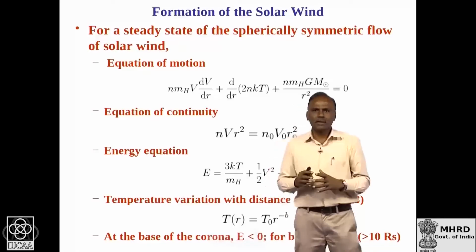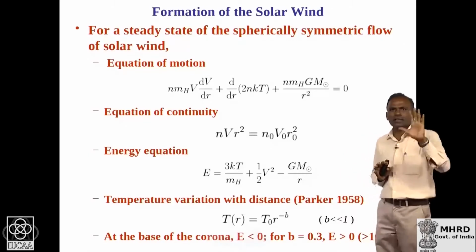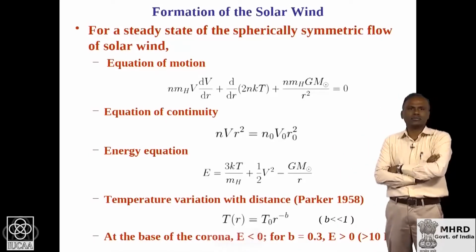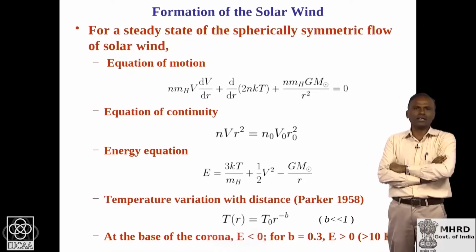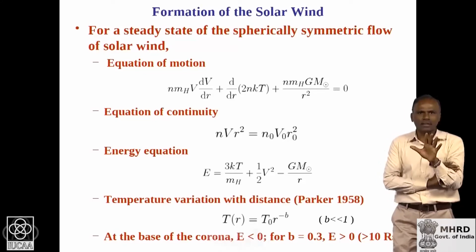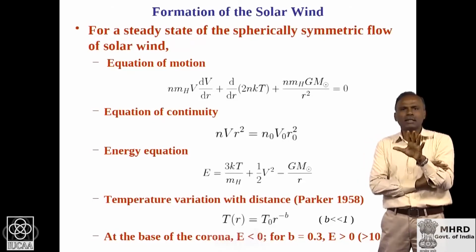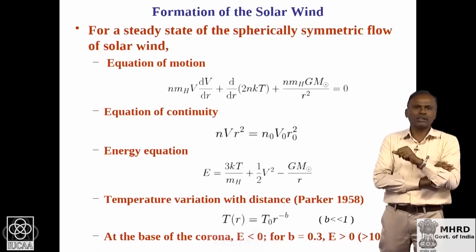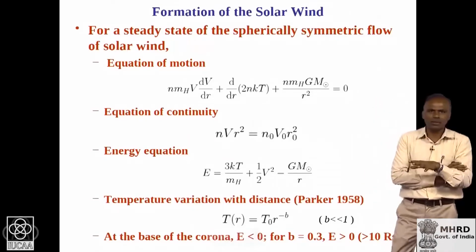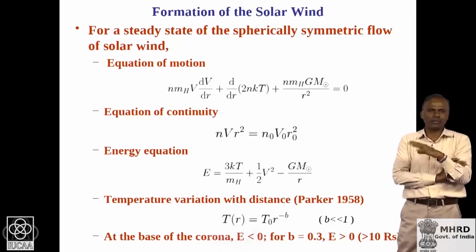Okay. The formation of the solar wind is governed by 3 equations actually. For a steady state of spherically symmetric solar wind: equation of motion, equation of continuity, and energy equation.